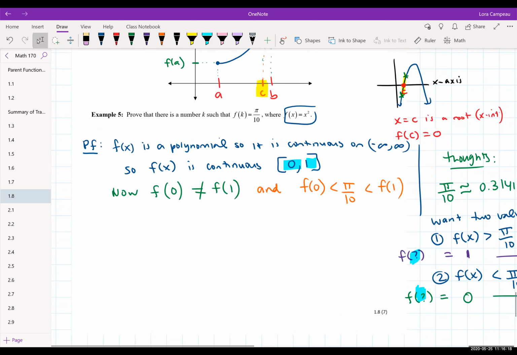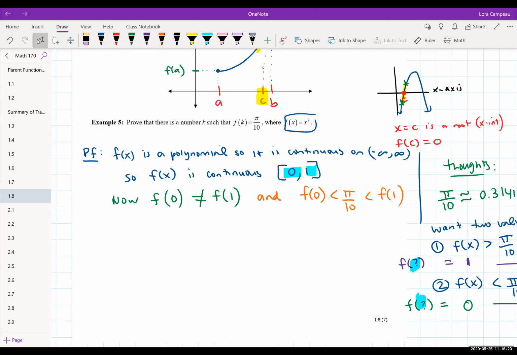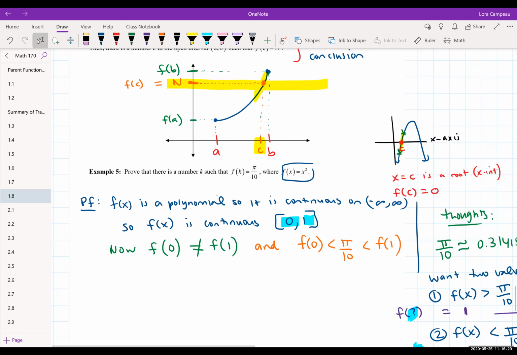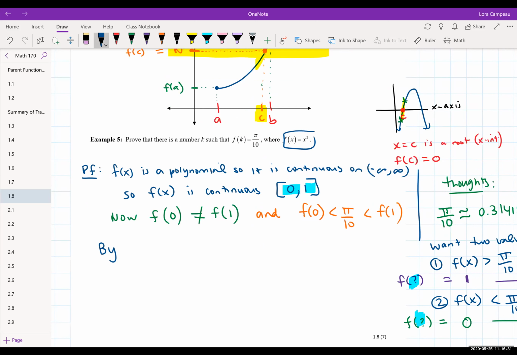Now that all 3 criteria are stated, we can invoke the conclusion. So exciting. Now that we satisfied the hypothesis, by the intermediate value theorem, or as the cool kids call it, IVT, there is a number K in the interval.